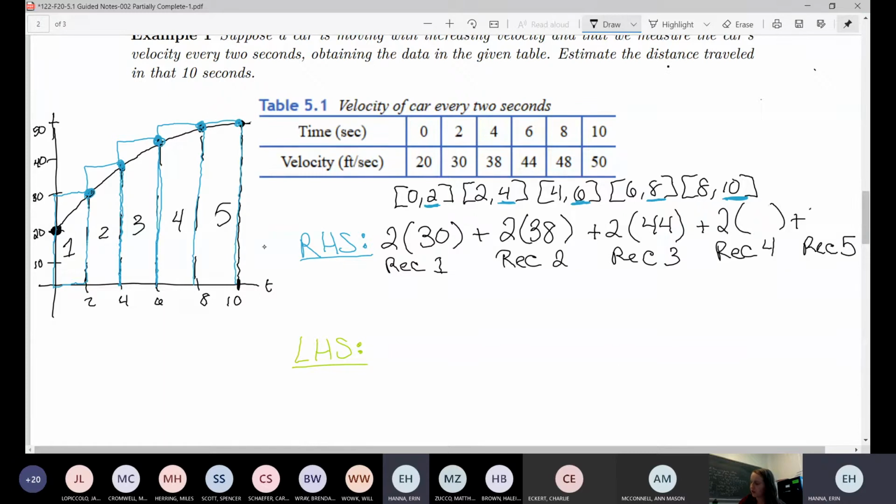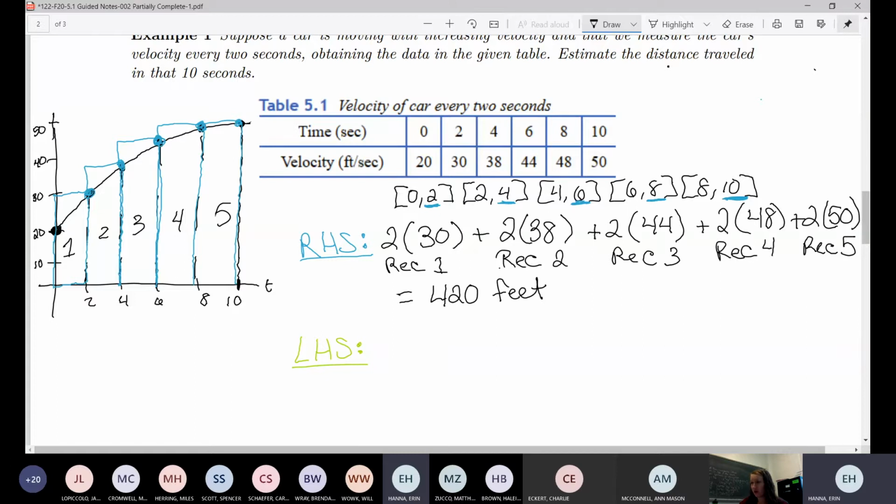The width is going to be the same for all of our rectangles. The fourth rectangle goes between 6 and 8, so we're going to use the y value at 8, the right endpoint, so we're going to have 48. And the right endpoint of the last interval is 10, so we're going to use 50. If you punch all that into a calculator, you will get 420 feet. Since this is in feet per second, it'll become feet.